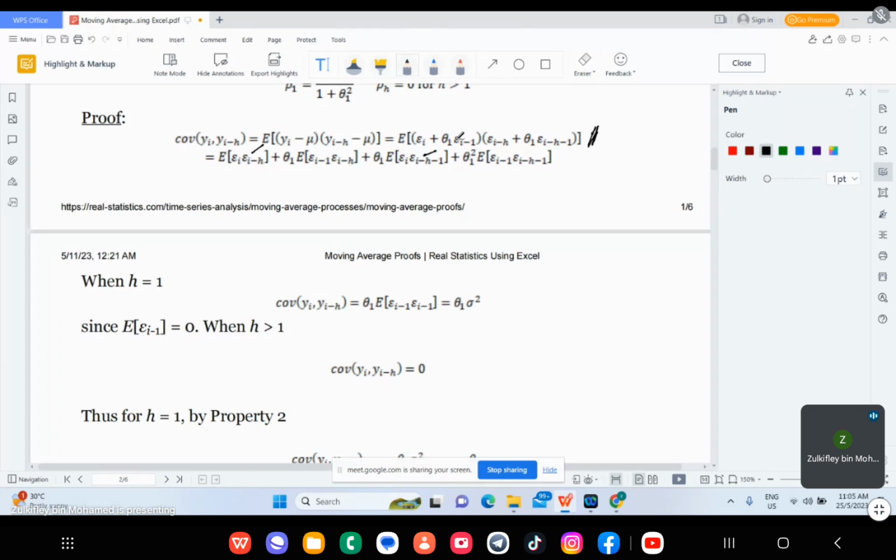Then the next part is theta 1 epsilon i minus 1 and epsilon i minus h, this one. The last one is theta 1 epsilon i minus 1 and theta 1 epsilon i minus h minus 1, which is theta 1 squared, epsilon i minus 1 epsilon i minus h minus 1. This is your covariance.